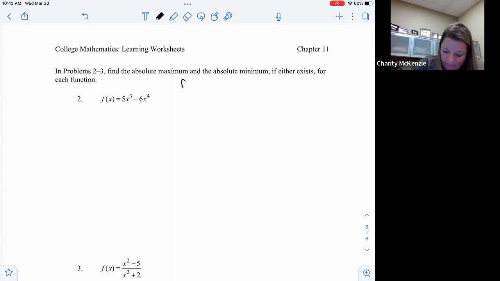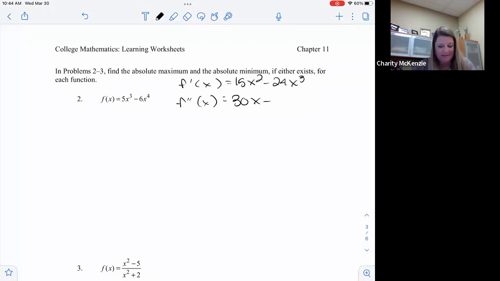The first derivative is going to be 15x squared minus 24x to the third, since 6 times 4 is 24. I am going to do the second derivative as well, because there are no endpoints. That's going to give me 30x minus 72x squared, right?